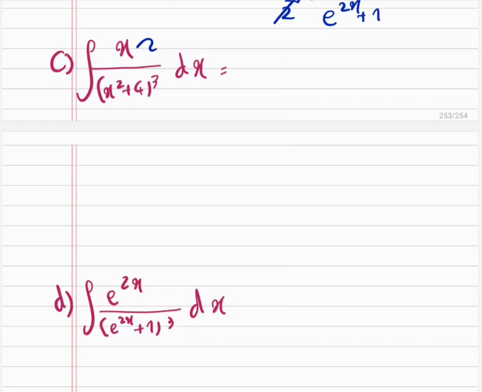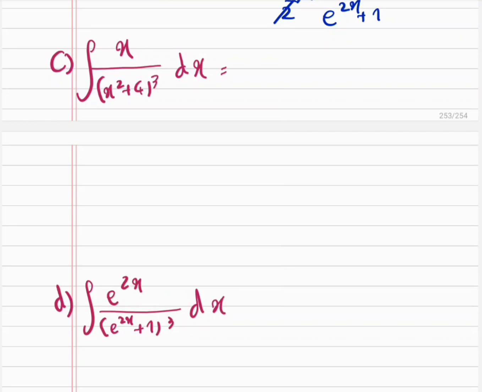Here the numerator sort of looks like the derivative of the denominator, not exactly. So whenever we have that sort of function that we can see a connection, then chances are it's reverse chain rule.